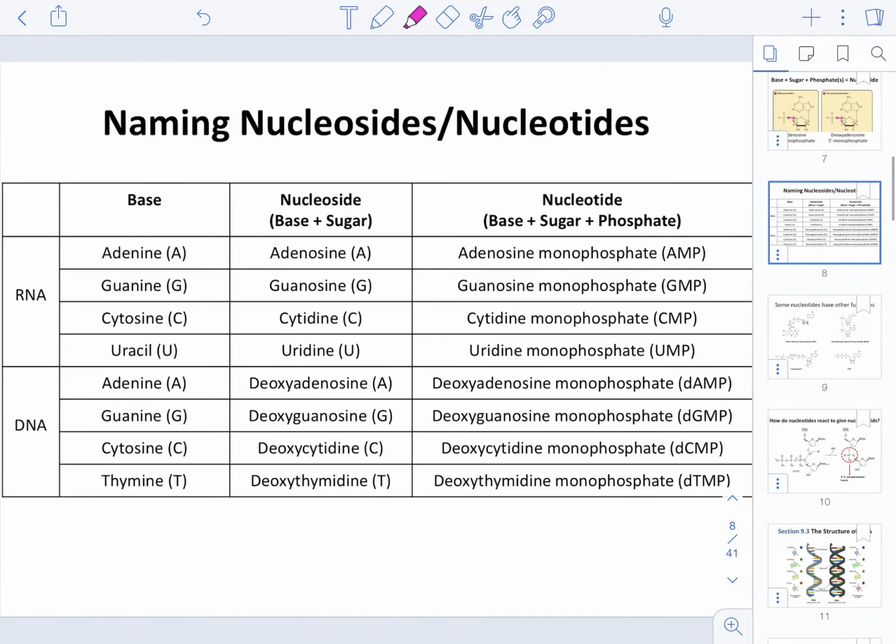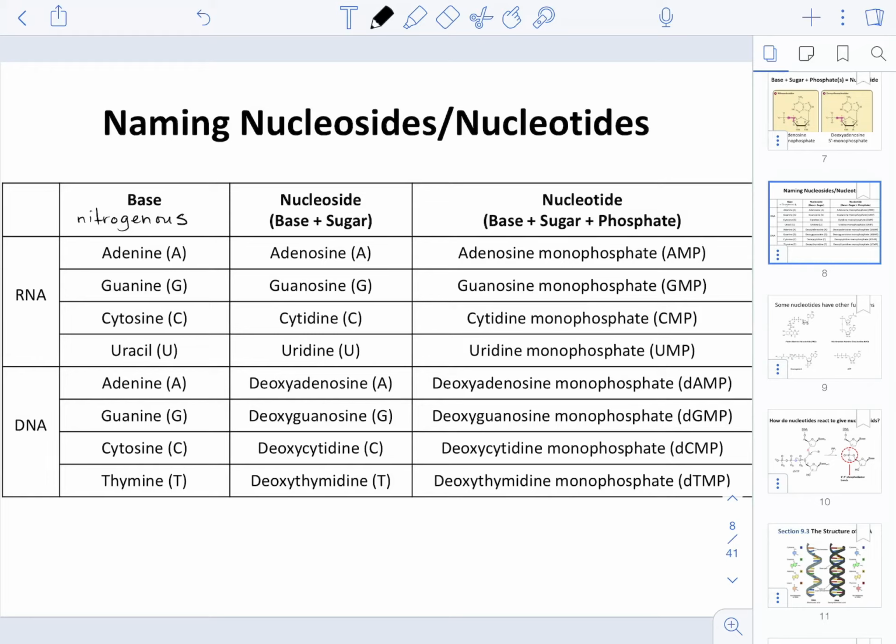Now, let's explore the nomenclature when it comes to how we define talking about just nitrogenous bases versus nucleosides versus nucleotides. So the second column in this table expresses the names of our nitrogenous bases, which we introduced previously. As you can see, the nitrogenous bases for RNA and DNA, adenine, guanine, and cytosine, are present on both.